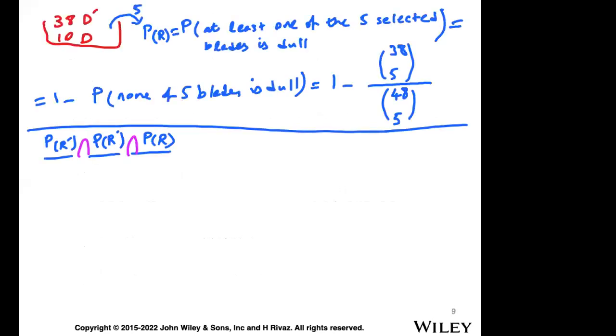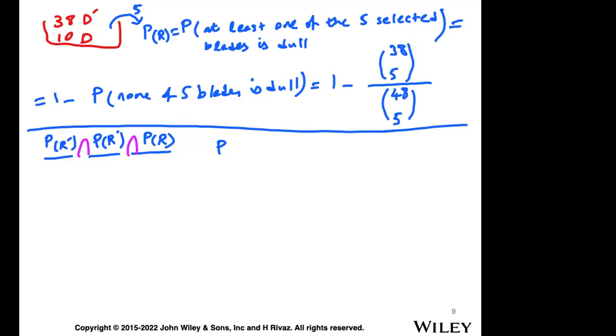So the final answer is going to be P of... here my notation is a little bit sloppy, because probability is a number, right? So we don't have intersection of probabilities. It's like saying intersection of 5 and 2, right? That doesn't have any meaning, right?